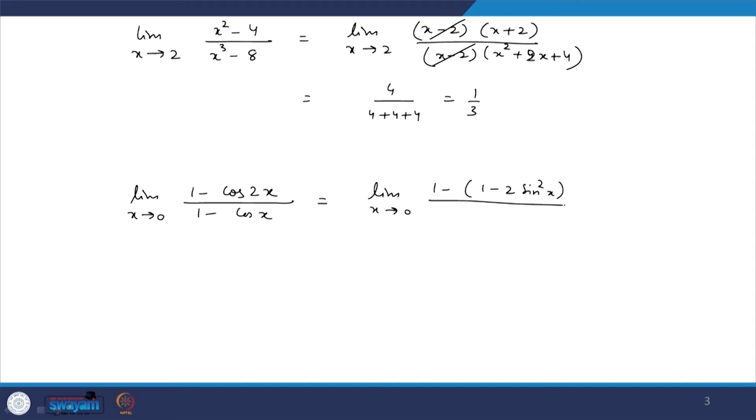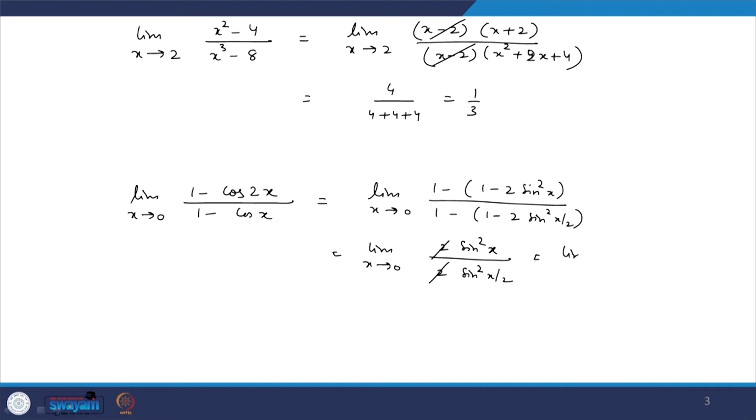The numerator is 2 sin square x by 2, and the denominator is 2 sin square x, and 2 cancels out.